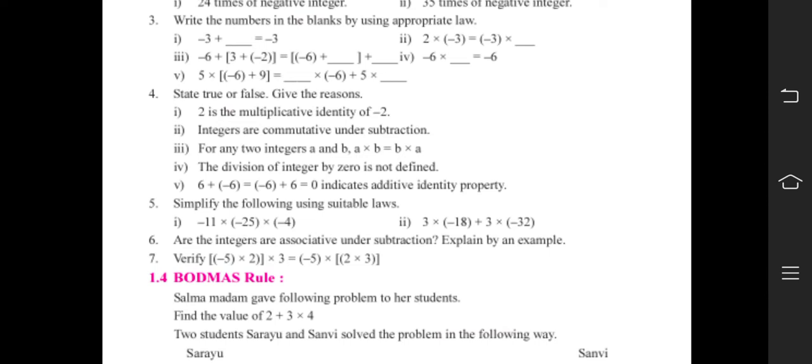Next, second question. What is the second question? Integers are commutative under subtraction, children. Is it right? No, it is false.